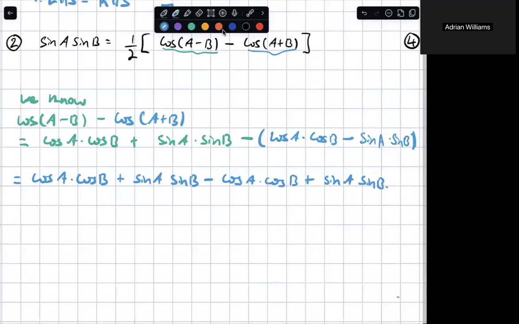Now, doing our cancellation again, you'll notice that I have a cos A cos B minus another cos A cos B, and I have two lots. Okay, unpacking that, two lots of sine A times sine B.